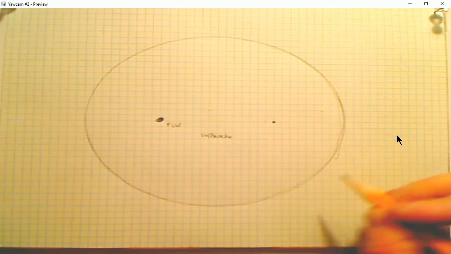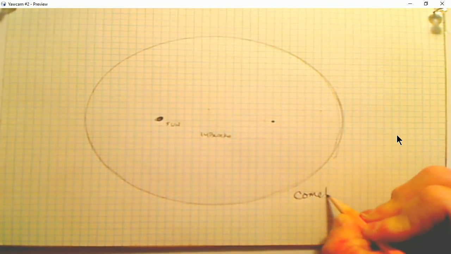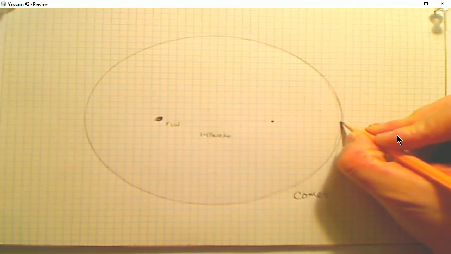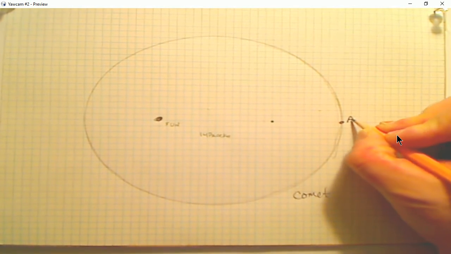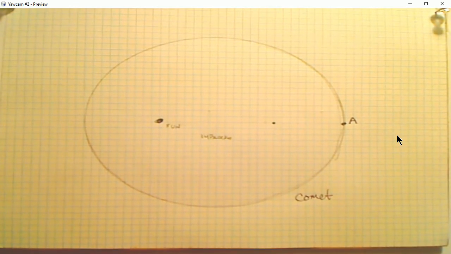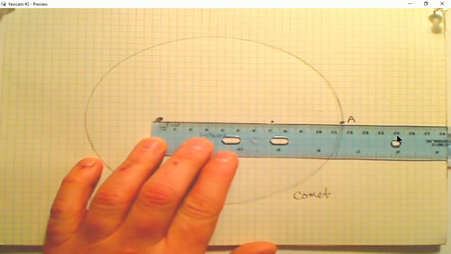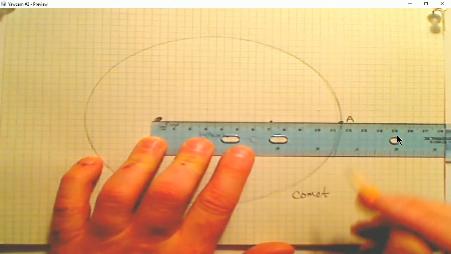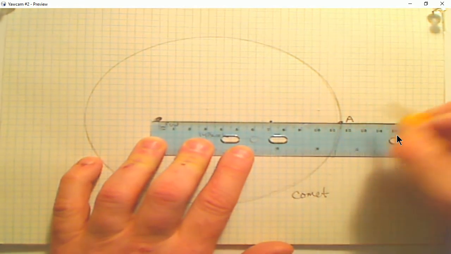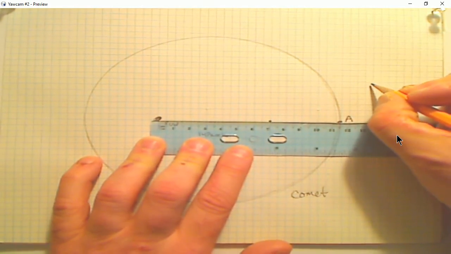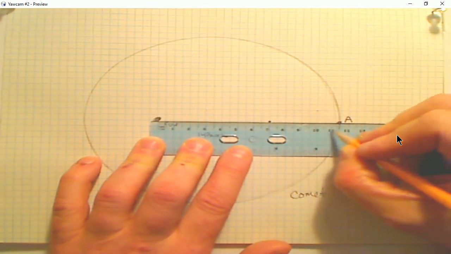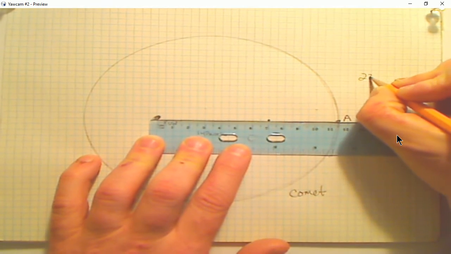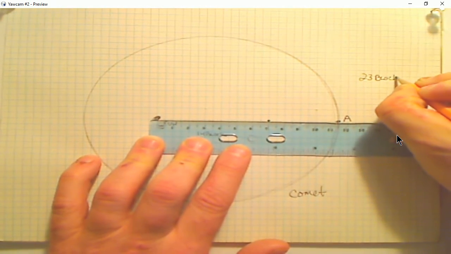And let's say this is a comet that's going around. Let me take a point here. I'll call this point A. If I measure the distance here, it's 11.5 centimeters, and it is 23 blocks.